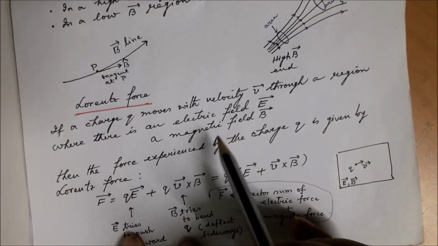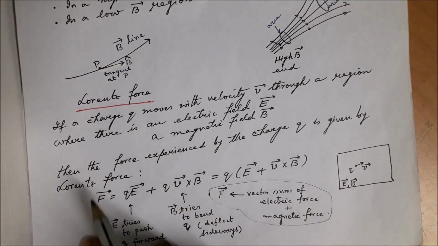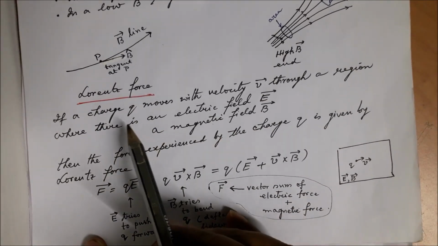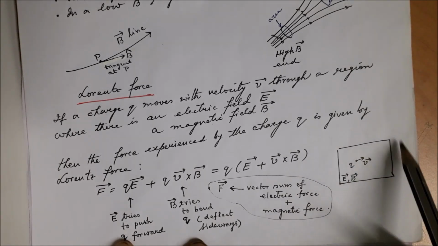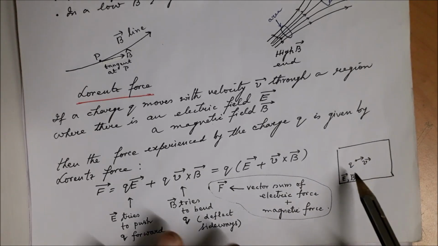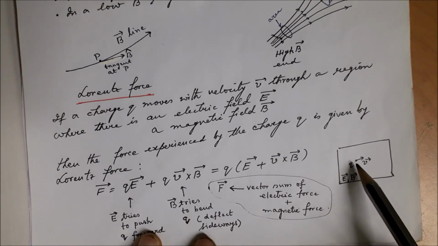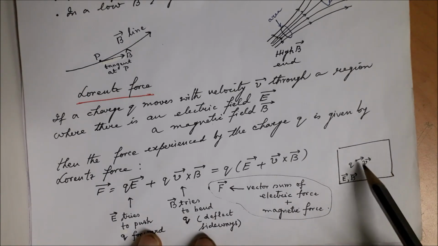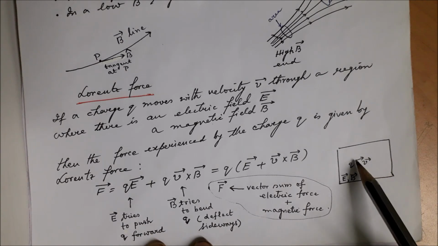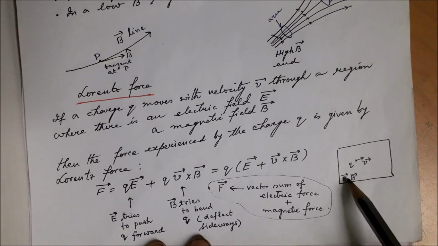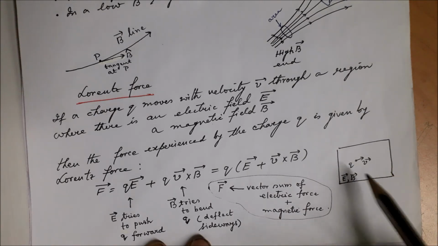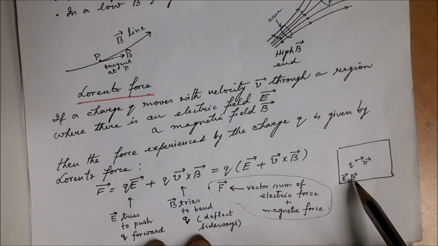Let us move over to Lorentz force again. Let us consider a region of space where a charge q is considered, and suppose the charge is moving with velocity v. Now at any point, the charge is acted upon by an electric field and also magnetic field.